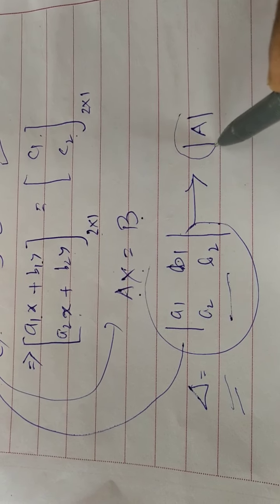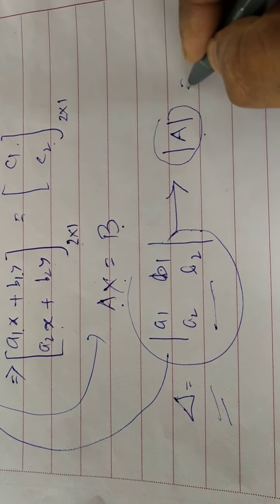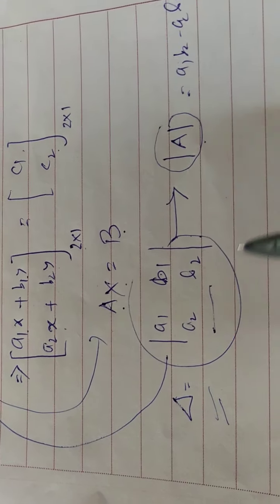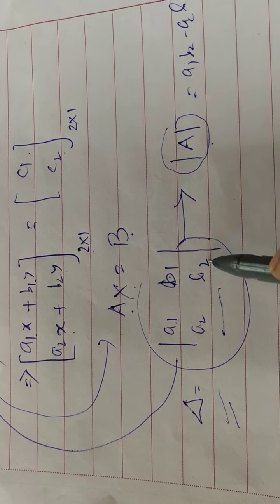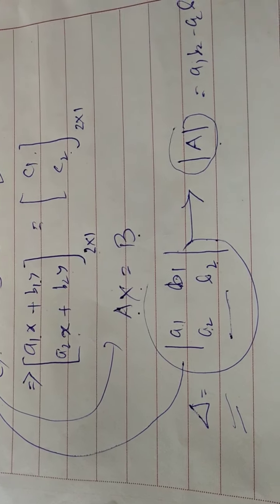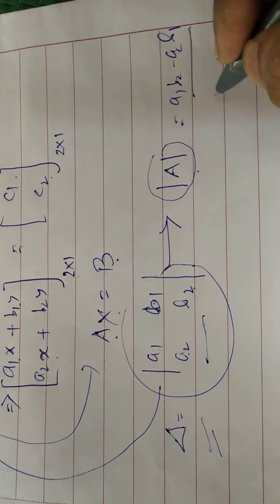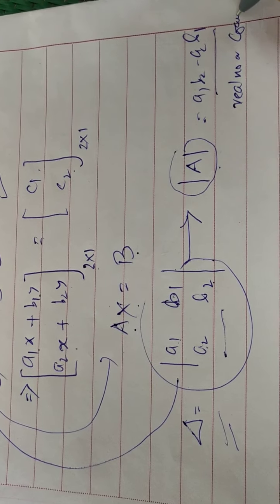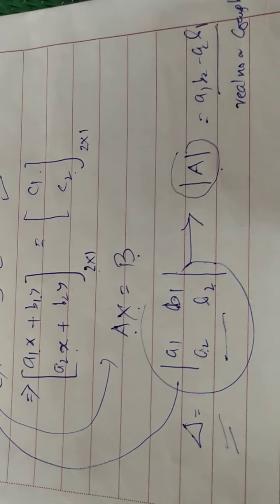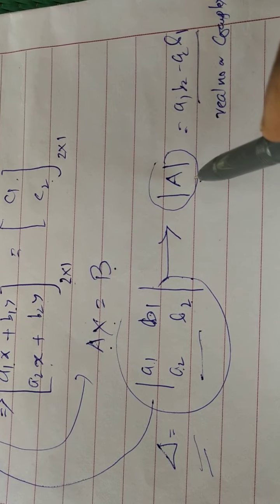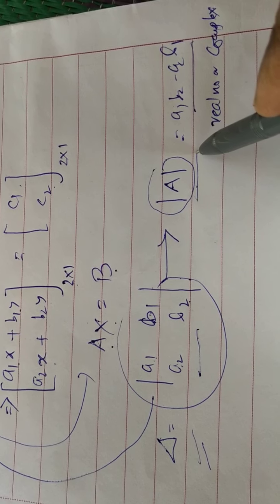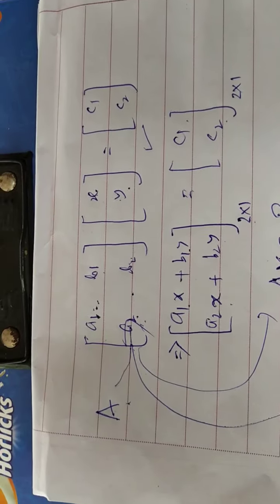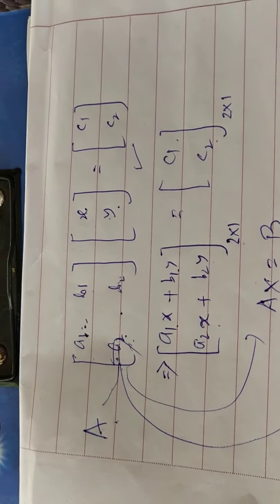So ultimately determinant of A equals what? In this case, a1 b2 minus a2 b1. How do you get it? By expanding, a1 b2 minus a2 b1, and this is a real or complex number. So this is a number. What actually is a determinant?